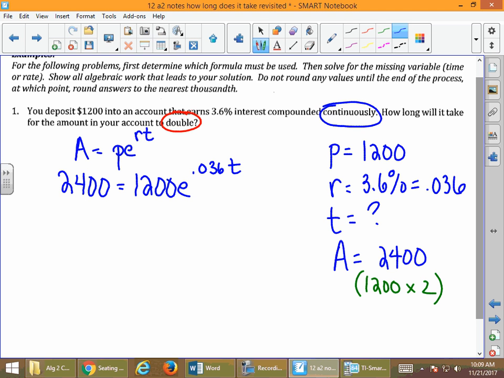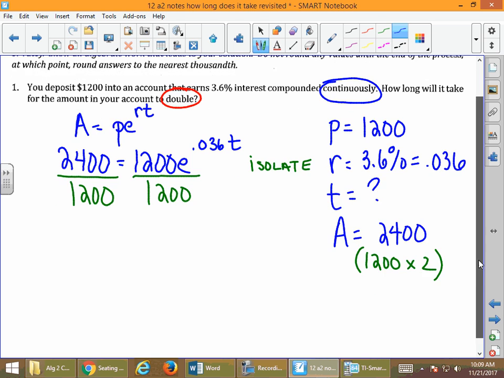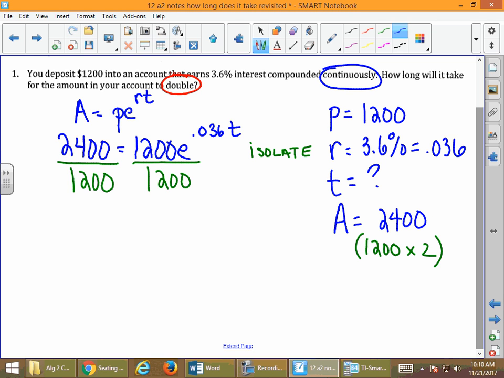And we want to solve this. The first step in solving is the fact that we need to isolate. I write that kind of small, because maybe you need to write that down to remind yourself and maybe you don't. But to isolate the variable, we're going to divide both sides by 1200. When we divide both sides by 1200, we end up with 2 equals E to the 0.036 T. And now we can solve.